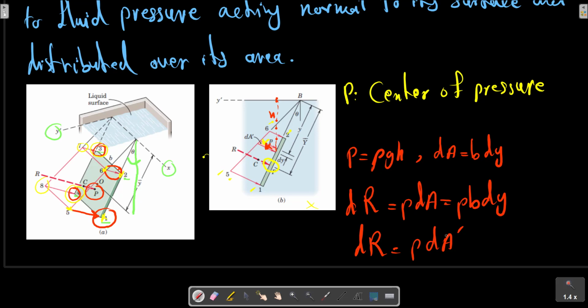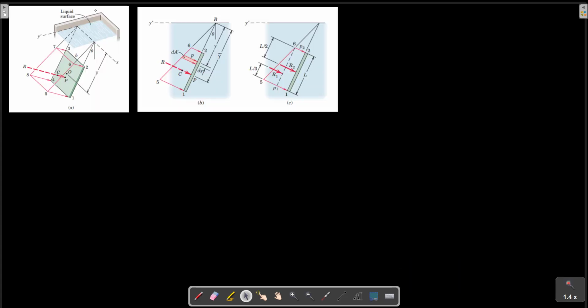We may therefore express the resultant force acting on the entire plate by the trapezoidal area 1, 2, 6, 5 as shown in the picture by the integration. So consider these pictures again. From this picture, R equals b times the integral of dA prime.